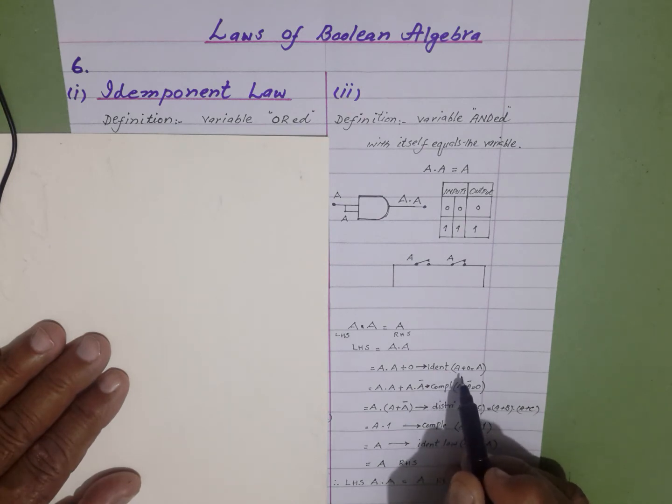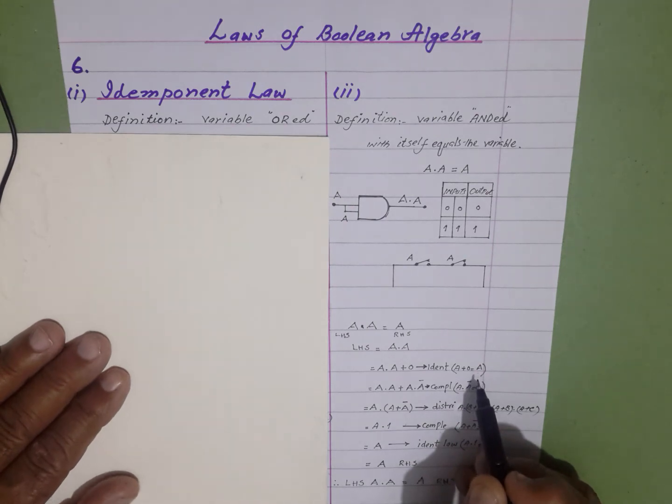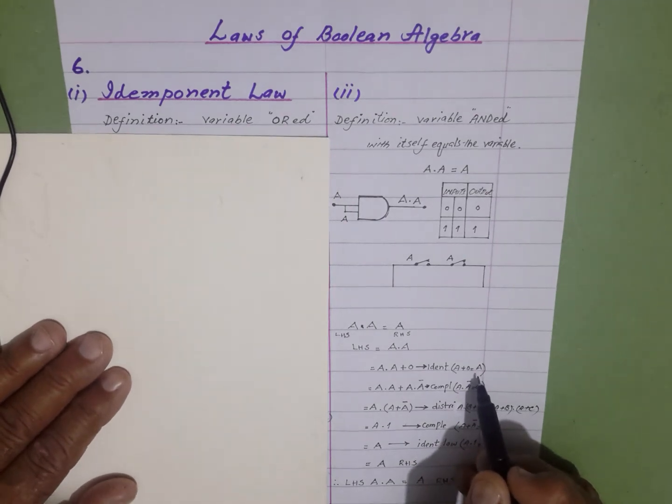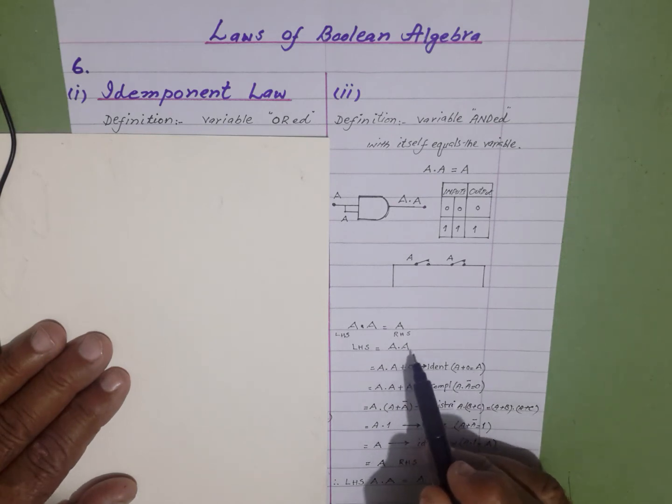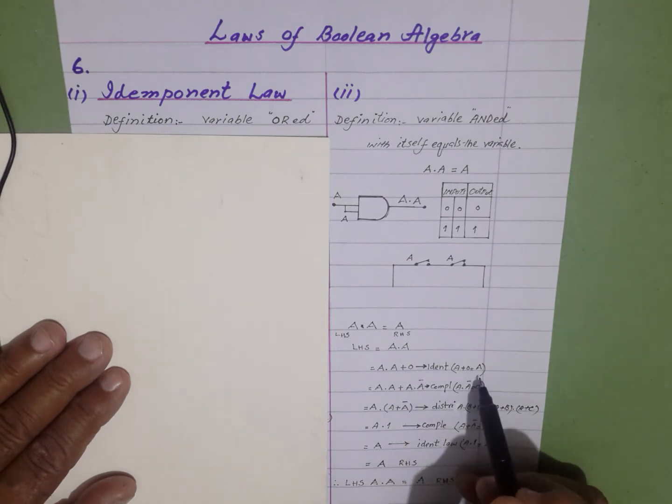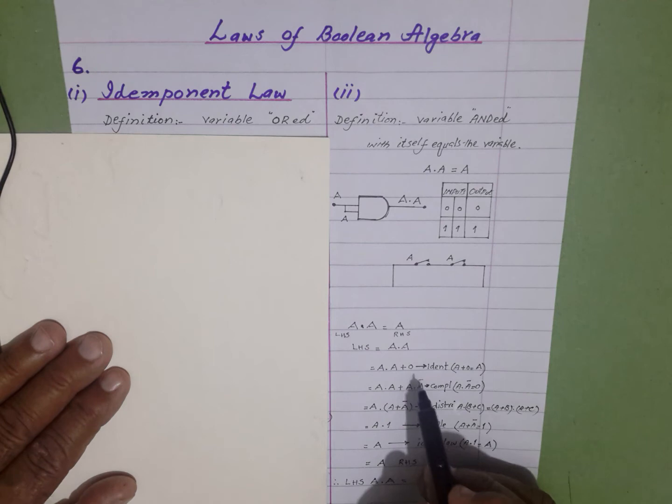The identity law says A plus 0 is equal to A. We can write this by the help of the identity law, and in place of 0 we can write this.